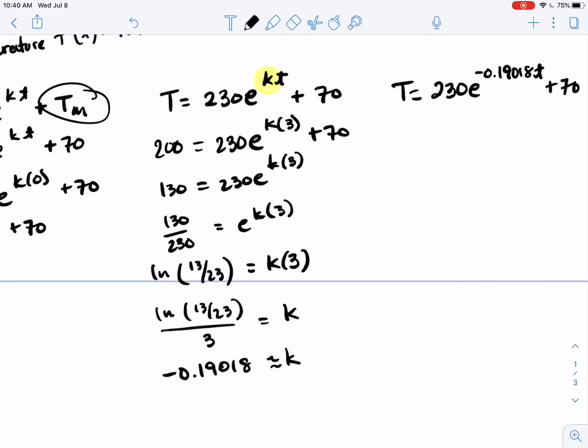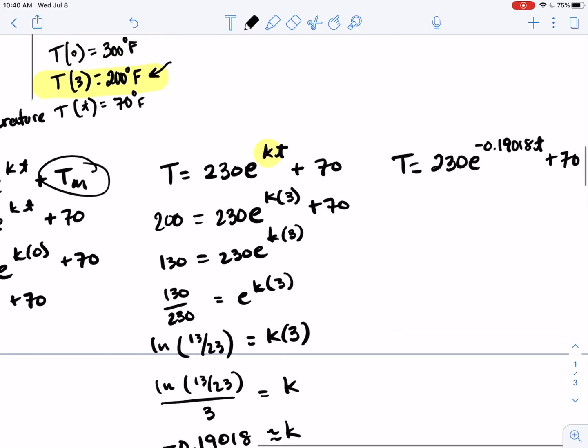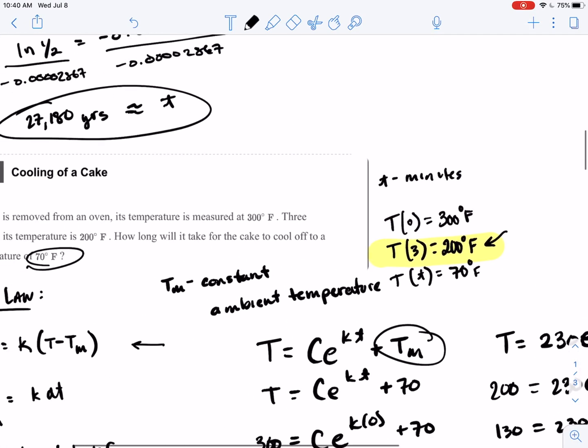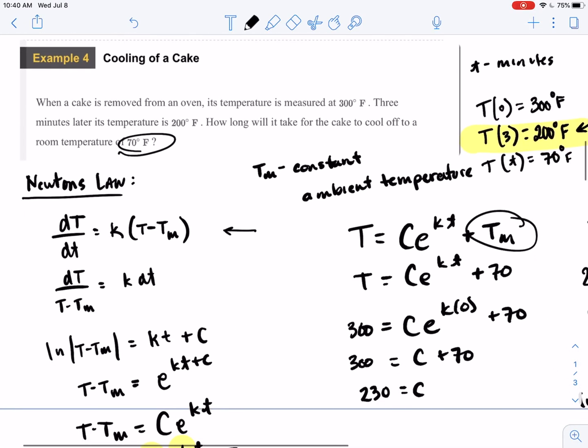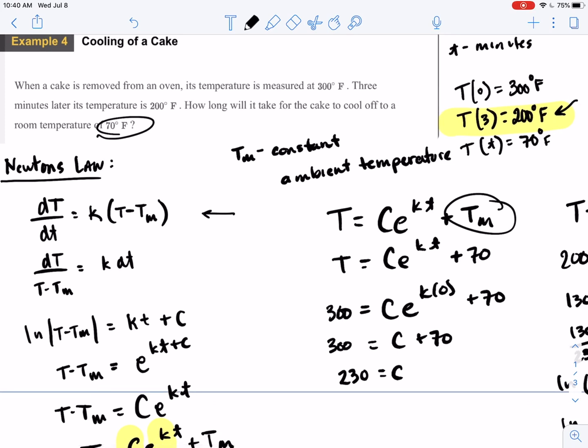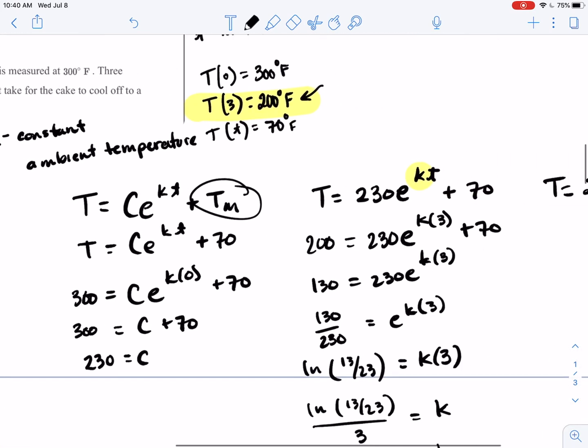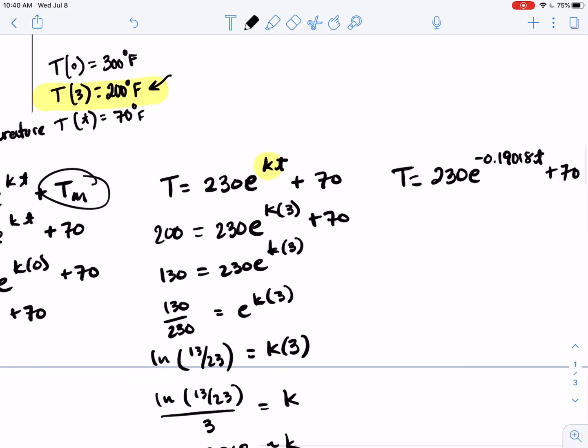All right, so now let's go back to the problem. How long will the cake cool off to room temperature of 70 degrees? So I'm going to plug in 70 and solve.